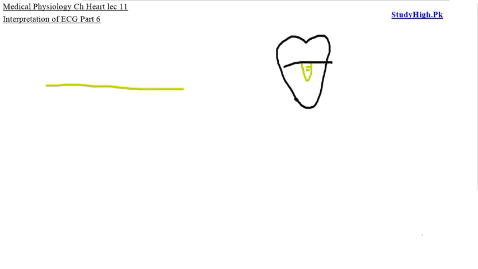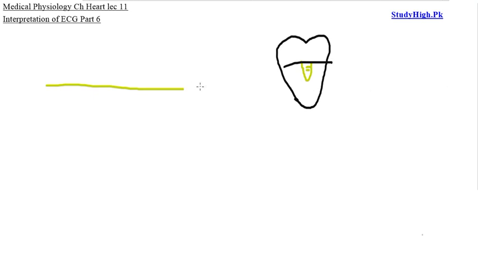Before we start discussing our lecture 6 of interpretation of ECG, first of all, there are three important basic concepts which you must know. If this is your heart and these are your ventricles, you know that our heart starts depolarizing, and the interventricular septum depolarizes and carries negative charges, and QRS waves start forming.